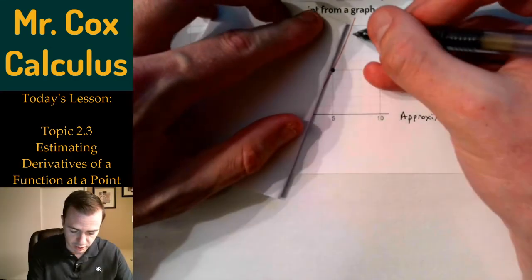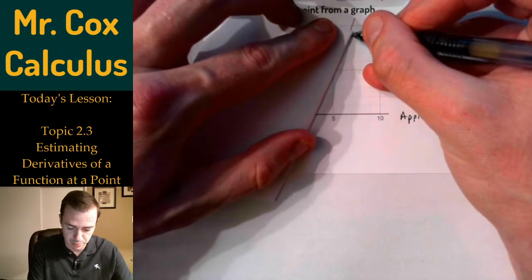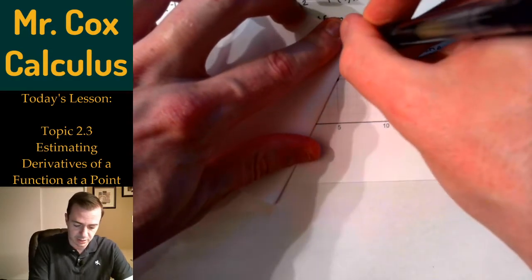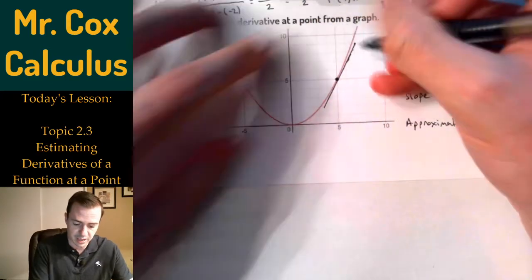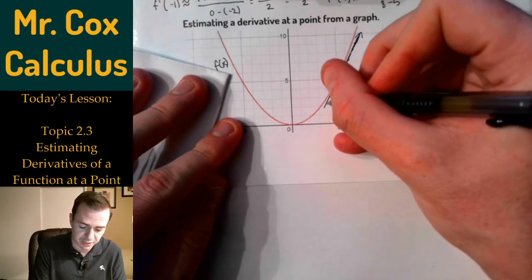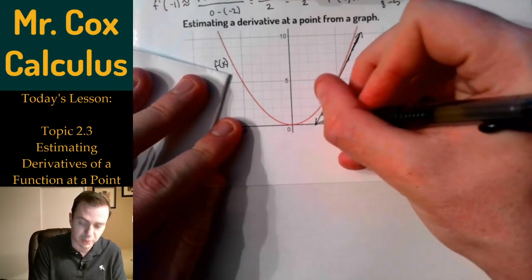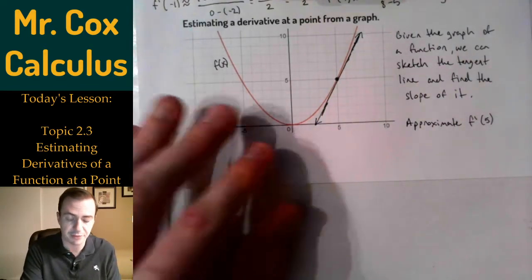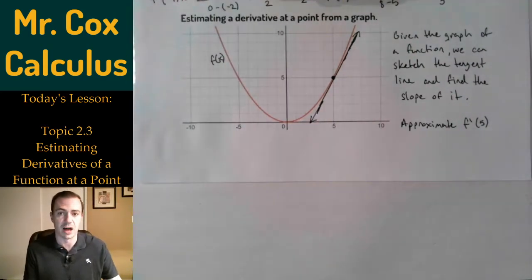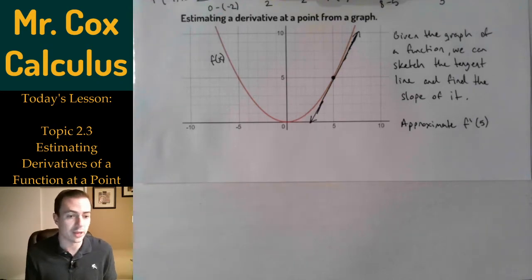So I'm going to come over here and do my best to sketch this tangent line. And hopefully I get something that looks pretty decent, and you'll be able to see what this looks like. So there's the graph of a tangent line to f of x at x equals 5. And so all I need now is 2 points on this tangent line.